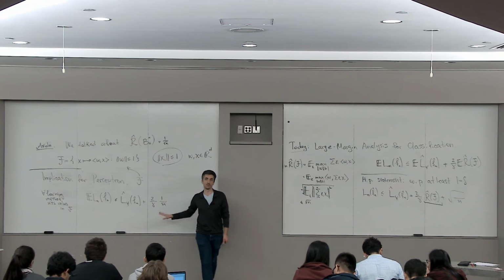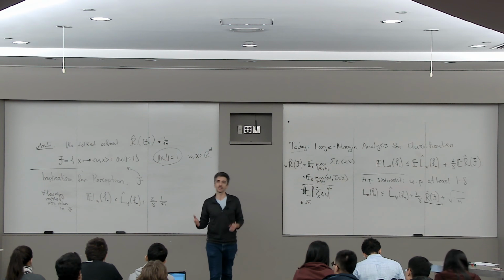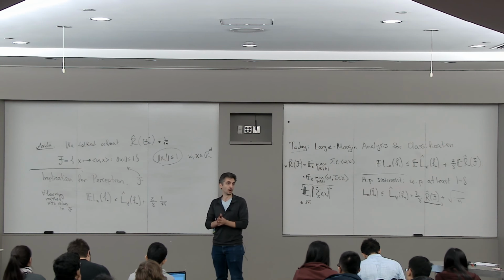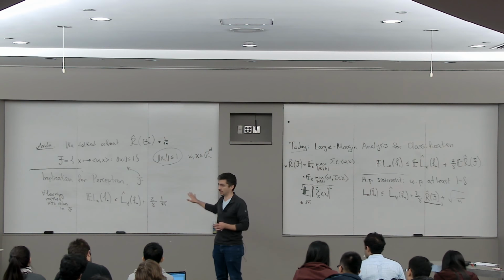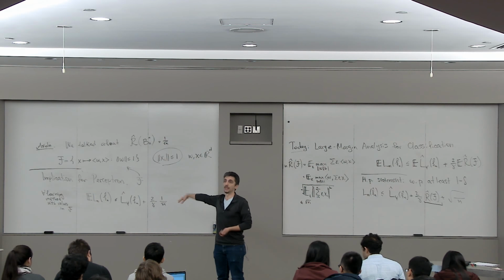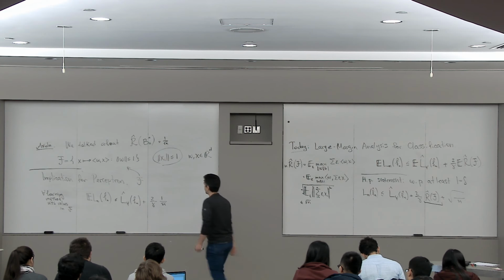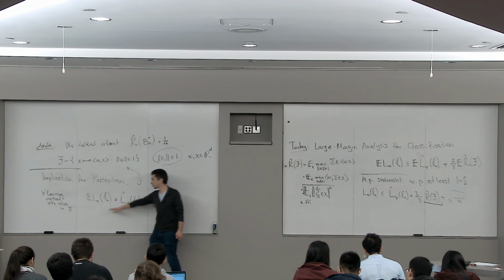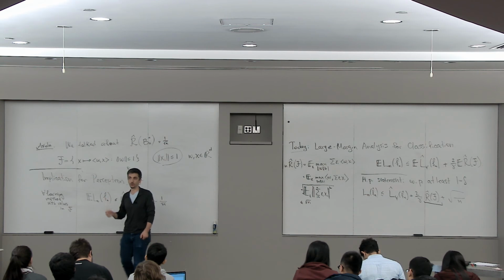So we've extended the perceptron beyond the realizable case, where there is a hard margin. Now this can be a soft margin, there could be a number of mistakes, but if this number is relatively small, then you've got a good guarantee for the future.